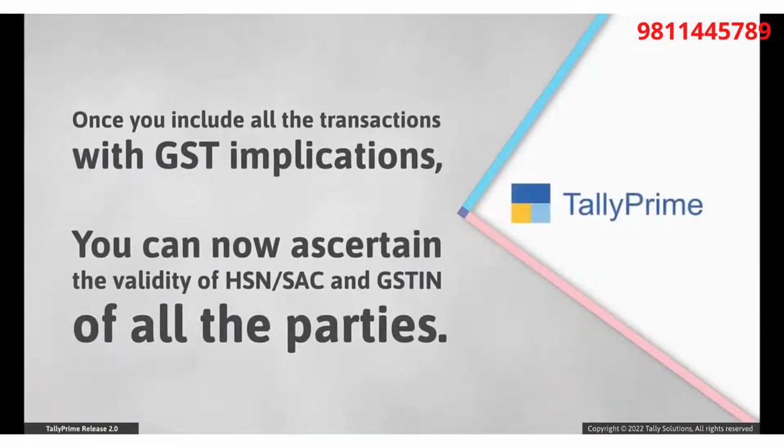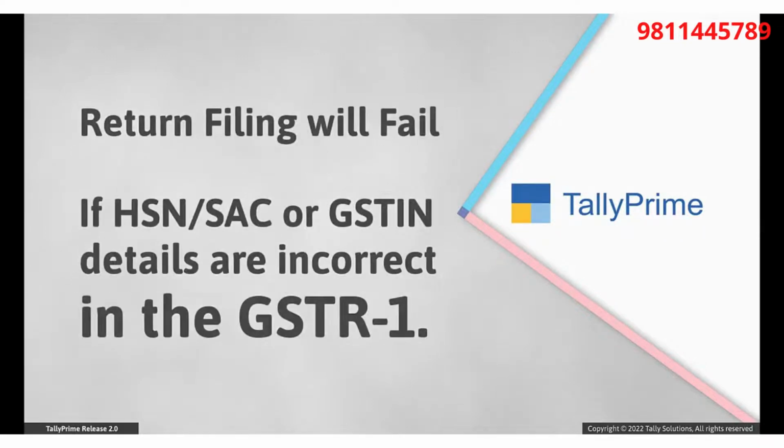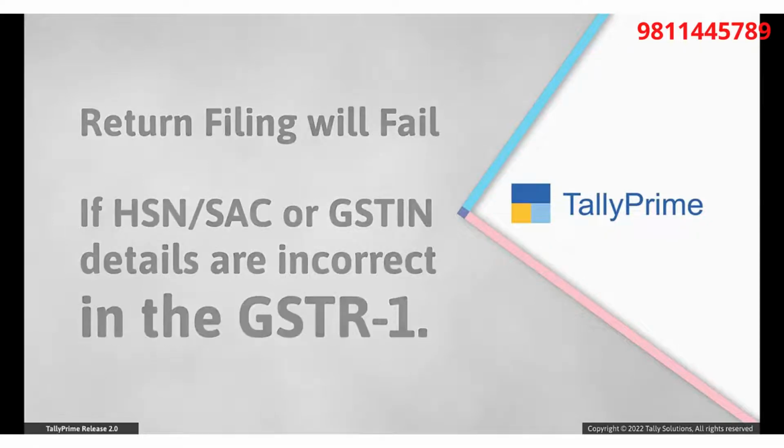After including all the transactions with GST implications, you can now ascertain the validity of HSN SAC and GSTIN of all the parties. Return filing will fail if HSN, SAC or GSTIN details are incorrect in the GSTR-1.